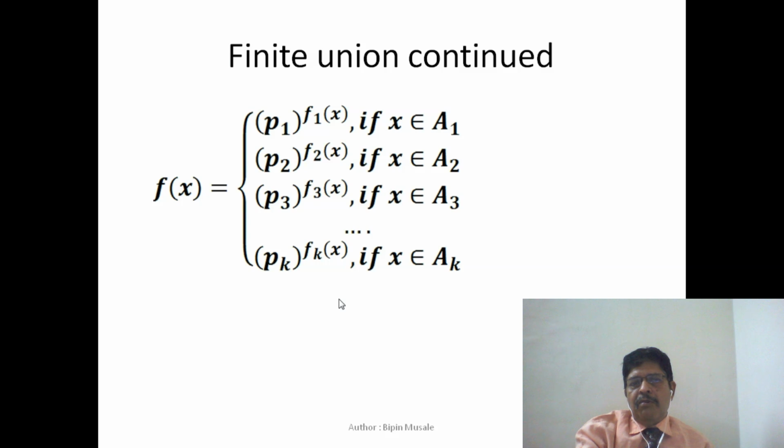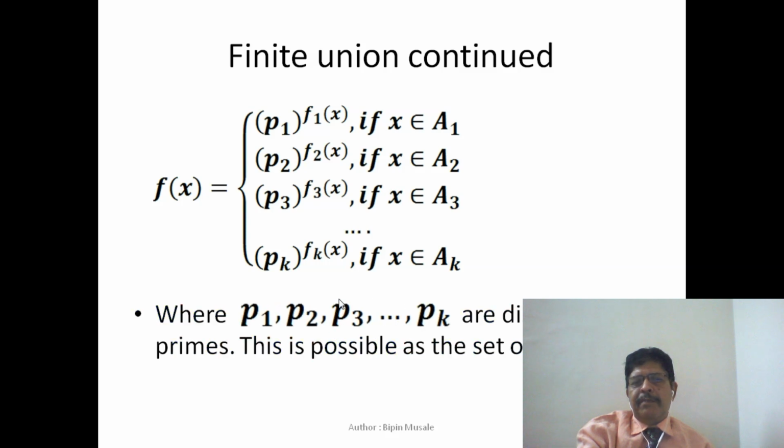f of x equals p suffix 1 raised to f1 of x if x is in A1, f of x equals p suffix 2 raised to f2 of x if x is in A2, and so on. But after all, what are these p1, p2, up to pk?